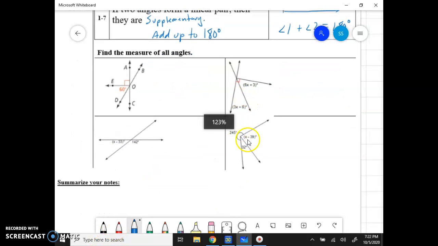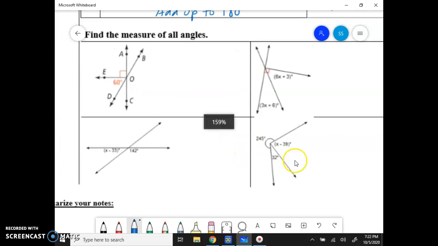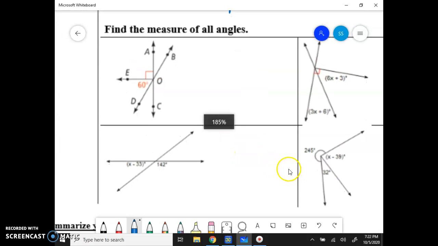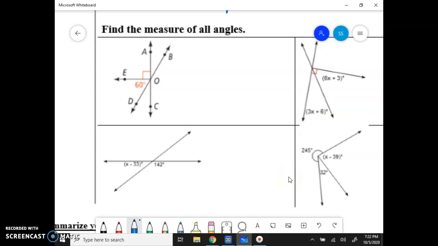All right, the first one here, I'm going to zoom way in. Wow, we have to find the measure of all these angles. Let's start with the easy thing. We've got this box here, EOA. It's got that box, so we know that EOA is 90 degrees. Let's see, what else can we deduce here?